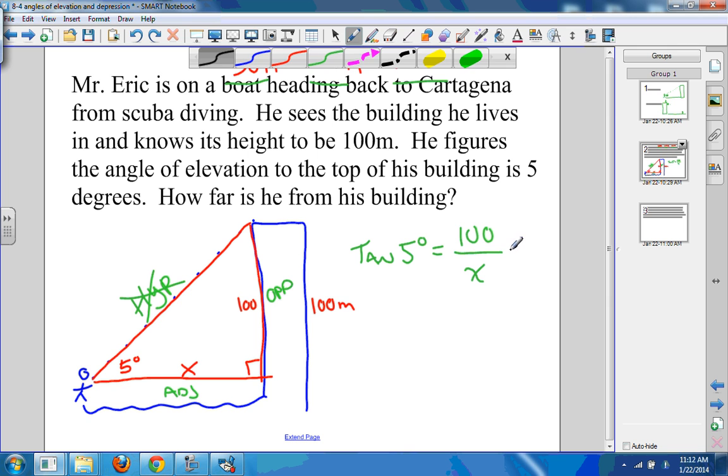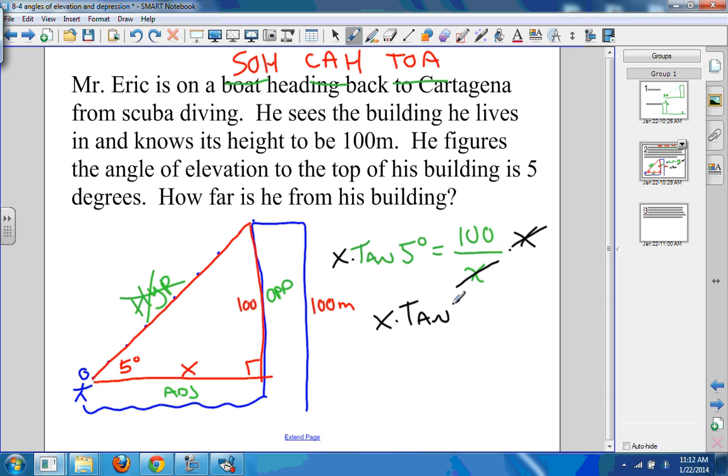To get out of the denominator, we have to multiply both sides by x. This cancels out on the right side, x over x. And we're left with x times the tangent of 5 degrees equal to 100.